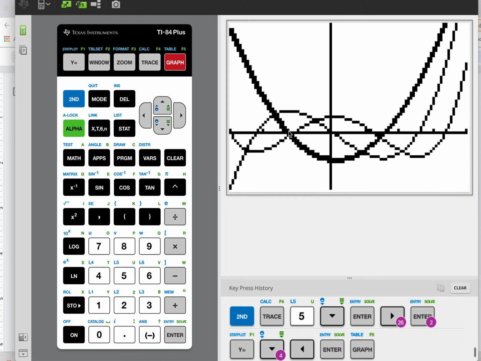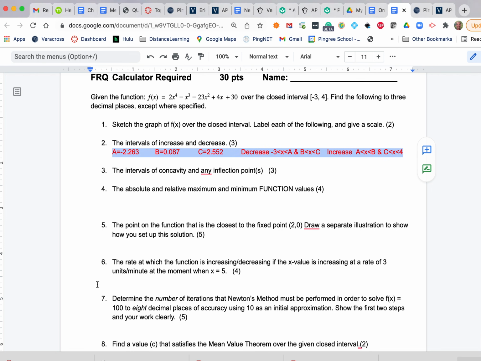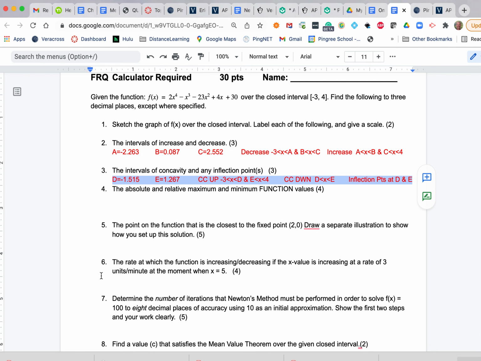In finding the zeros, I also can just find the intersection of that, my fifth y5 equation and the 0. And again, just to save time, I think you understand what we're doing going back to this. I find the intersection points, meaning the zeros of my second derivative, are at -1.515 and +1.267.